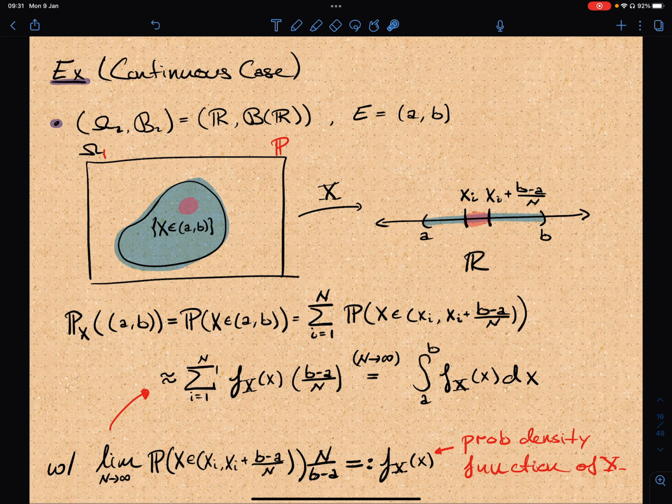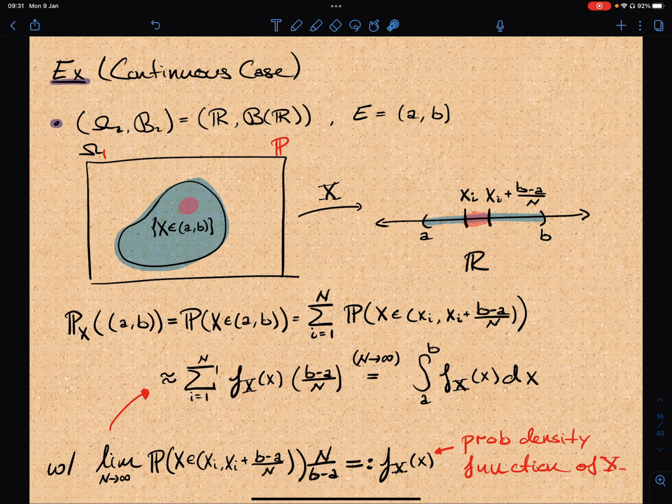What I can do is break it up into smaller open intervals and write (a, b) as a union of smaller intervals. So to compute the probability of (a, b), I can look at smaller intervals and then look at their pre-images.